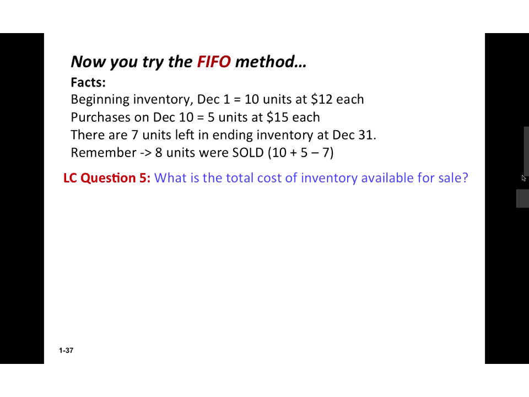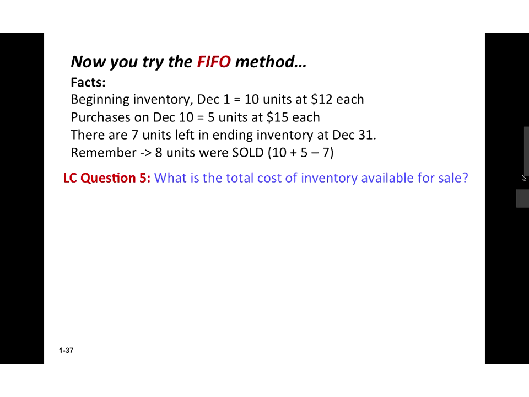So here's your gimme question for the day. Okay, what is the total cost of inventory available for sale? Total cost of inventory available for sale is always your beginning inventory plus your purchases.